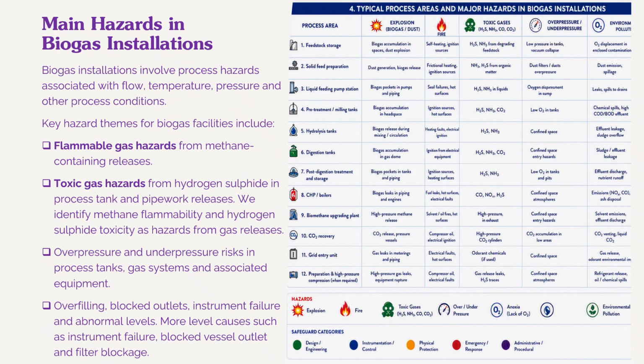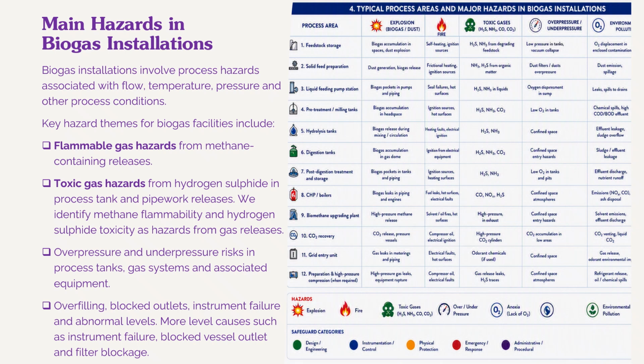Biogas installations present several significant process safety hazards. One of the primary concerns is the release of methane, which can create flammable or explosive atmospheres under the right conditions. Hydrogen sulfide is another major hazard due to its toxicity. Even relatively small releases can present serious risks to personnel.